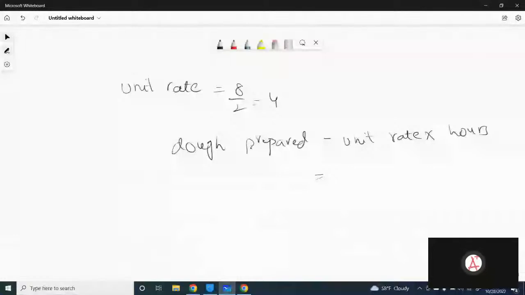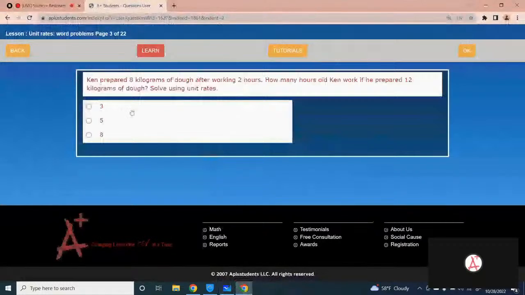So the unit rate is 4. You don't have the hours, so you have to find this, n, and the dough prepared is 12. So 4 is multiplying n. When you shift it to the other side, it will be divided, and n equals 12 divided by 4, which is 3. That means the total hours worked is 3 hours. Got it? Just select the correct option and then click on the OK button.